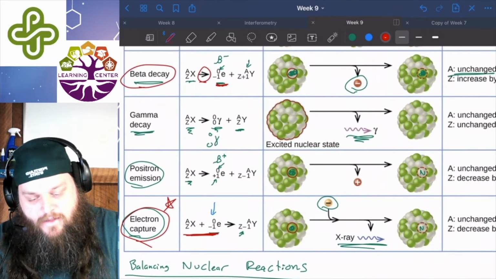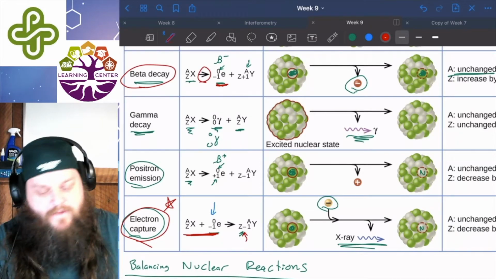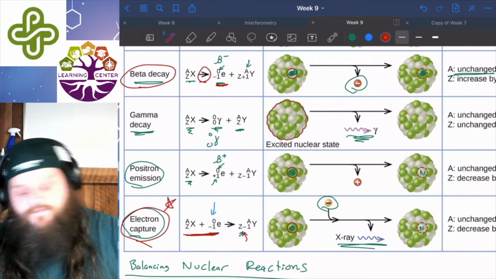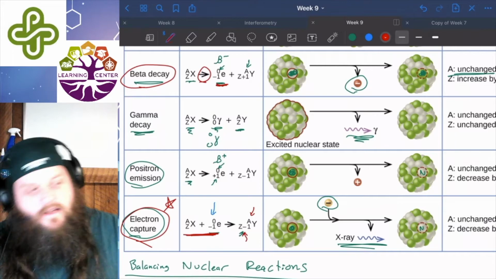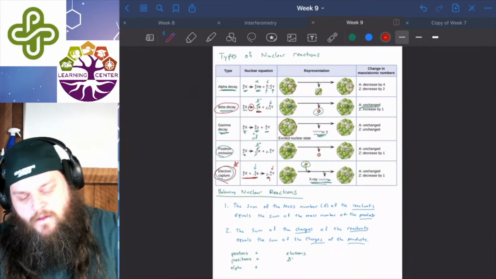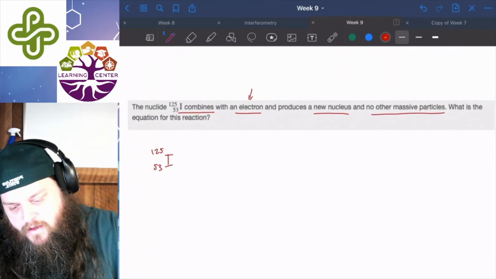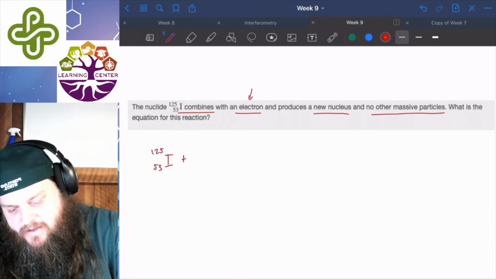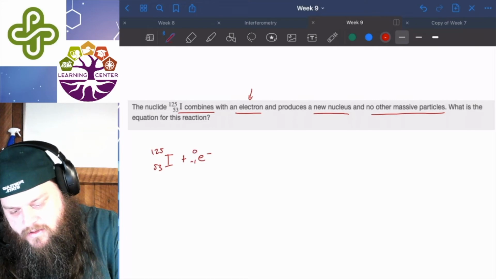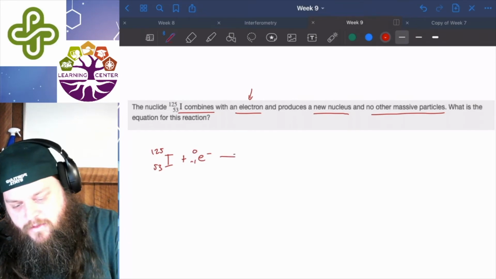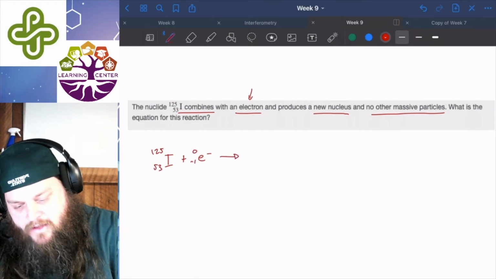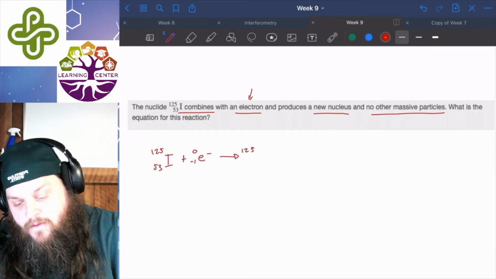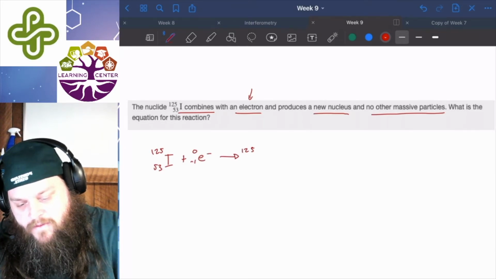And we can already see, based on the formula we have here, our Z value is going to be reduced by 1, and our A value is not going to change. So that means this plus an electron, which is a -1, 0, is going to produce some value. Well, we know that A is not going to change. That's going to be 125. We know that my 53 is going to be reduced by 1 to 52.